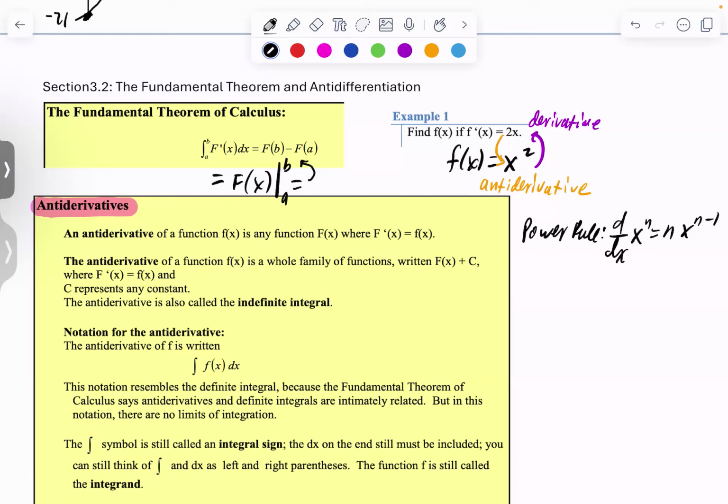The power rule for the integral is the opposite. We'll talk about the plus c here in just a minute.